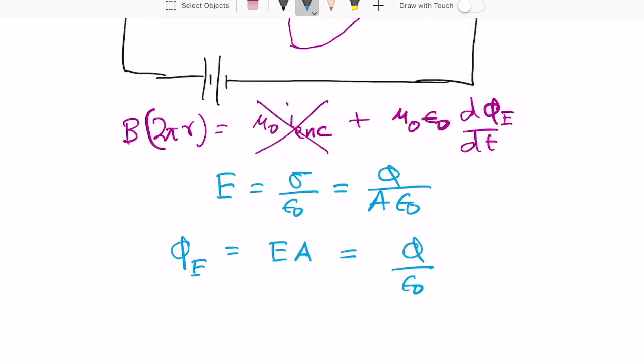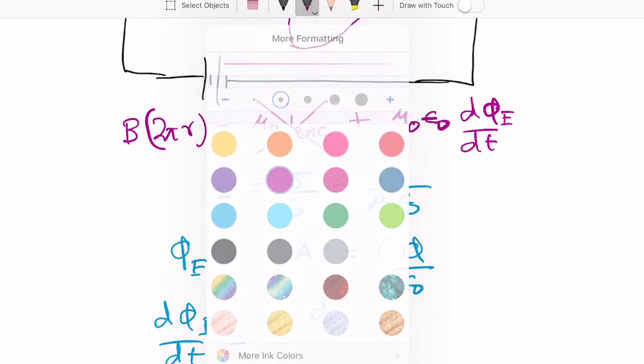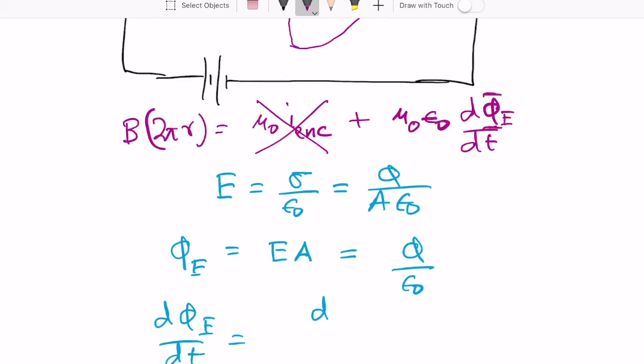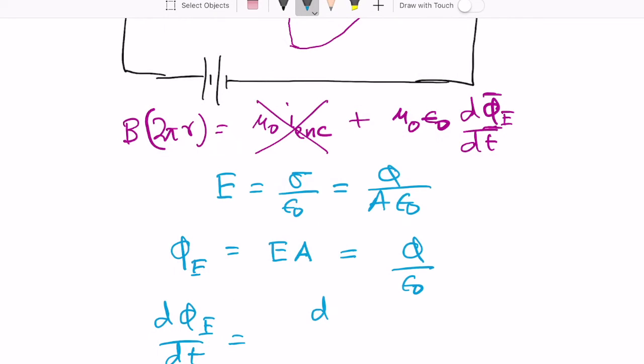Now, if we take d phi_E dt, we get dQ dt. My phi's are beginning to look like Q's, so let me just fix that. I've used too many colors, okay.